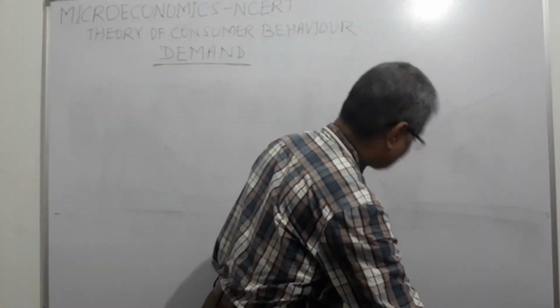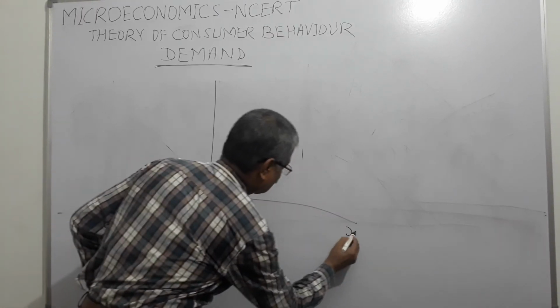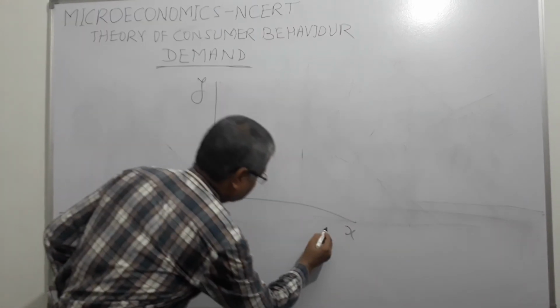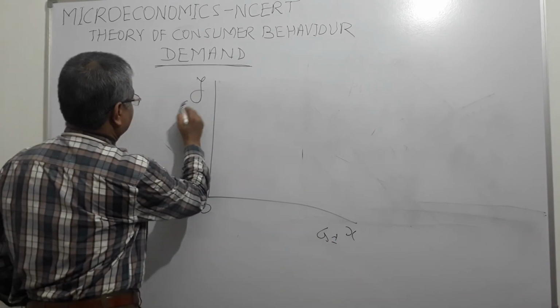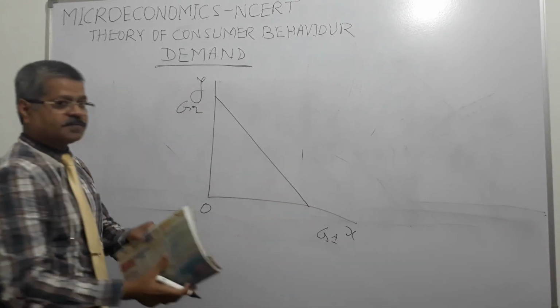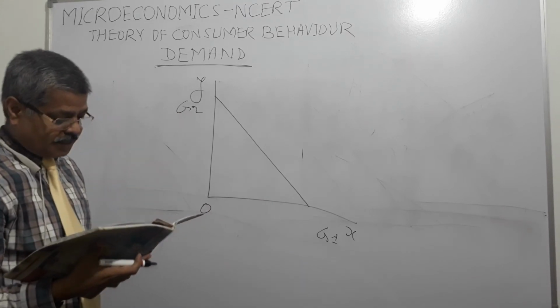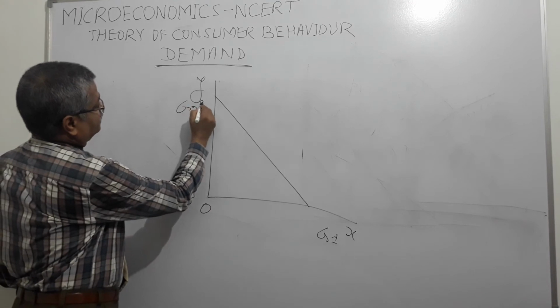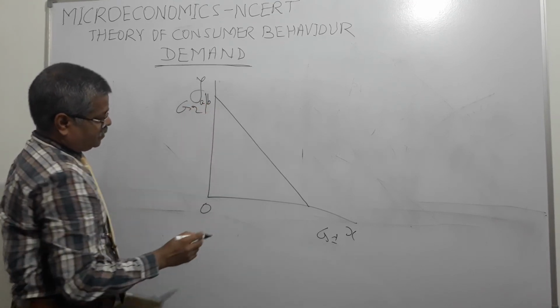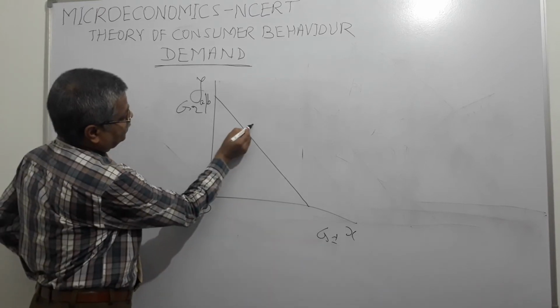So, with a very small diagram, you can know: this is good 1, this is good 2, and what is this? This is called the linear demand curve, right? This is A upon B, and this is Q is equal to A minus BP.